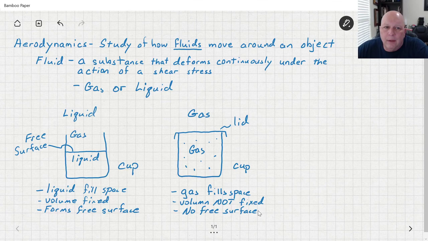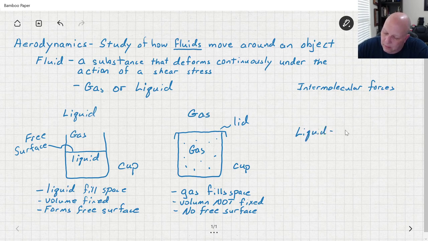Now, you could look at the intermolecular forces. With a liquid, the intermolecular forces are pretty strong. If I compare the liquid to a solid, the solid has very, very strong intermolecular forces.